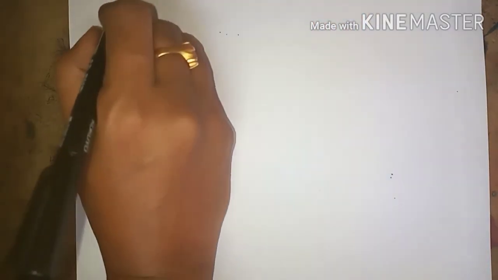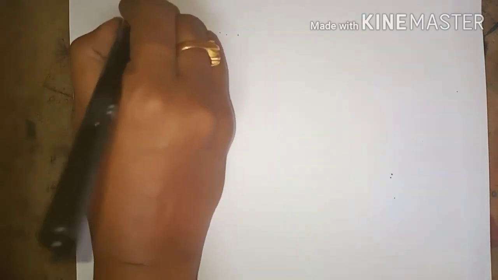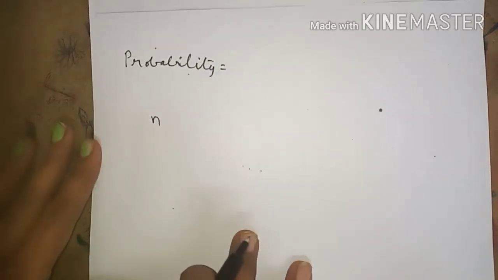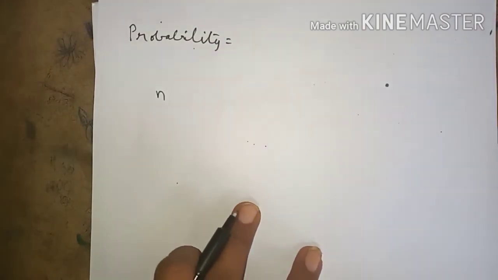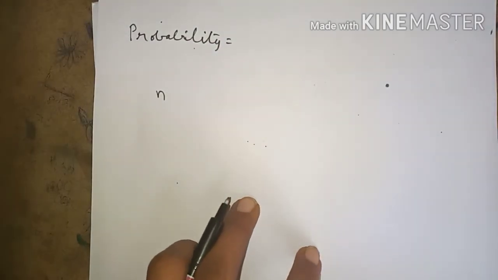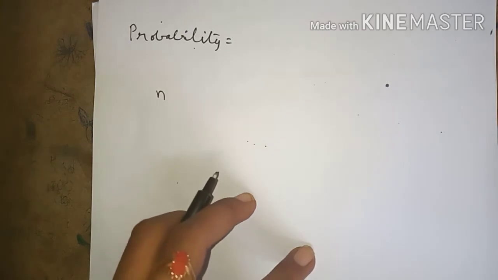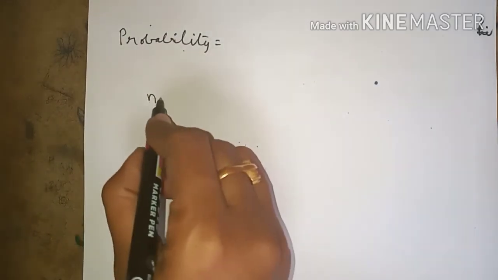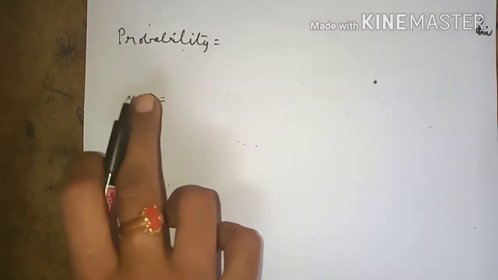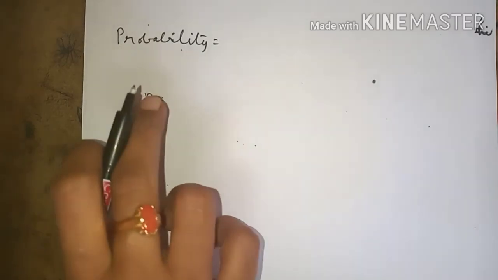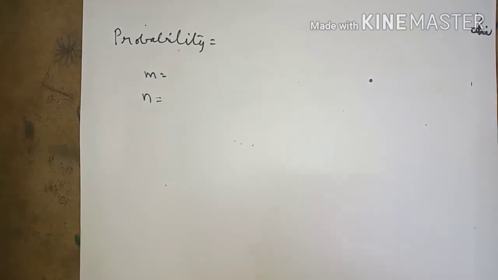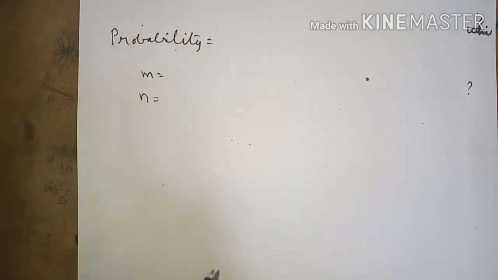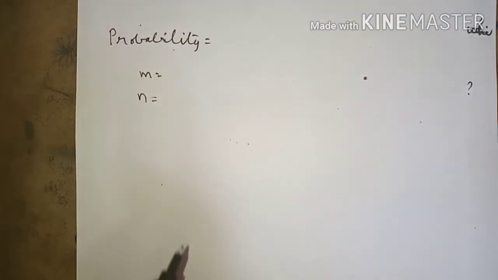There are n equally likely, mutually exclusive and exhaustive events, and there are m favorable events.